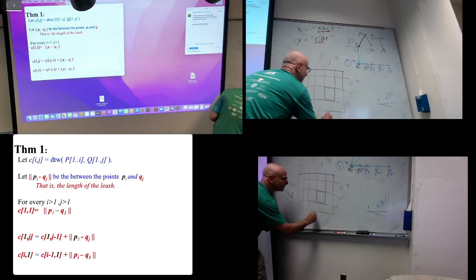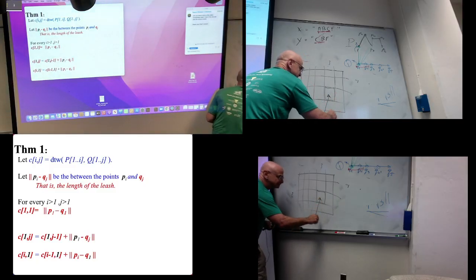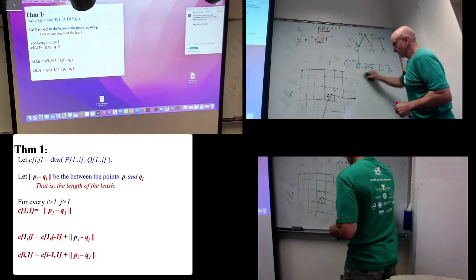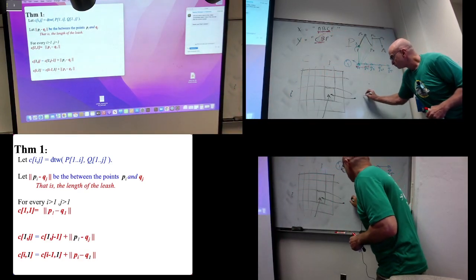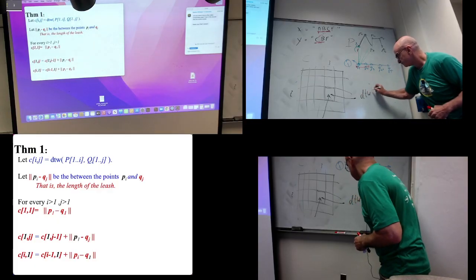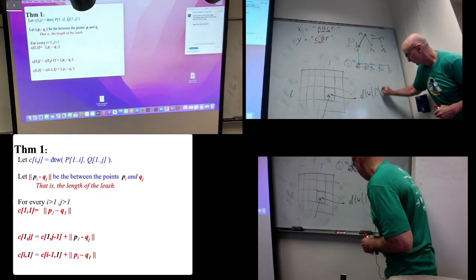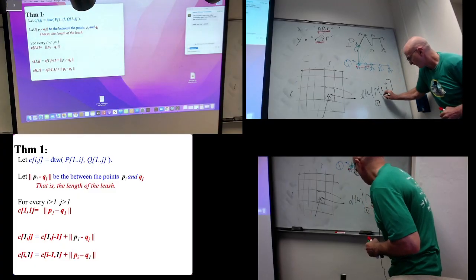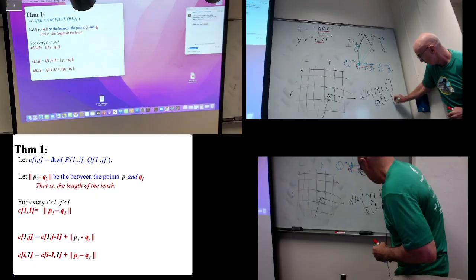So this cell, when I'm done, will contain the dynamic time warping between P of 1 to i and Q of 1 to j.